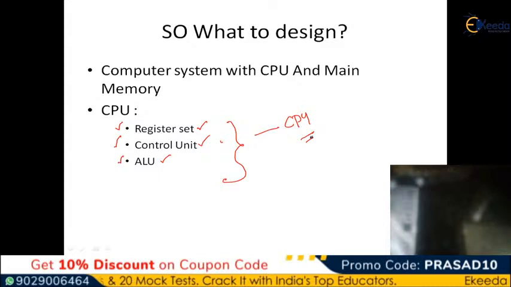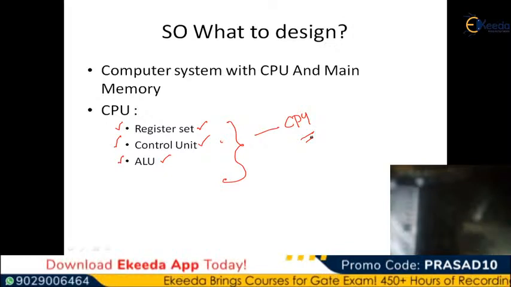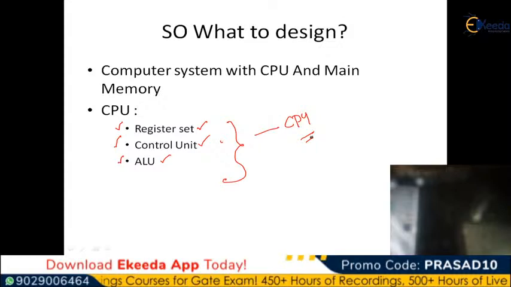One is register set, one more is control unit, and the third one is ALU. Now first of all we understand about these components, what is the purpose of each and every component here, and then we go ahead with designing the things.